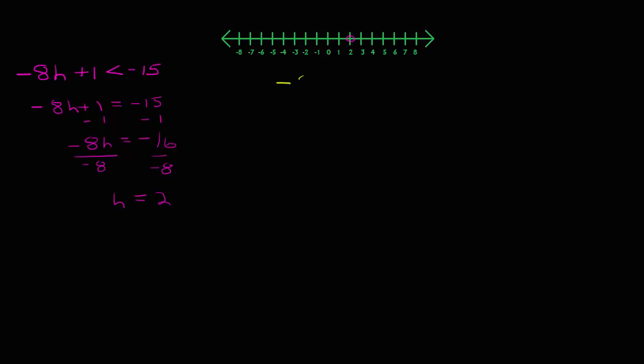Negative 8 times 0 plus 1 less than negative 15. 0 plus 1 is less than negative 15, and I get 1 is less than negative 15. That did not work. And none of the numbers to the left of 2 will work as a result. So we want to shade everything to the right of 2.